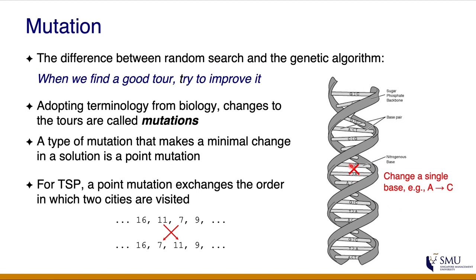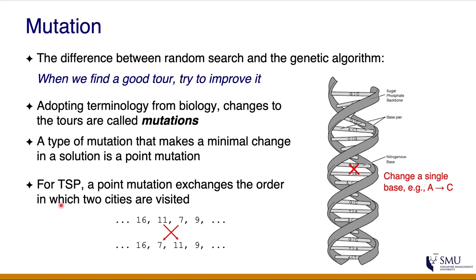For example, the code A is being changed to C. The rest of the genome looks pretty much the same except for this particular spot. And of course, because of that, the biological outcome potentially may be different.